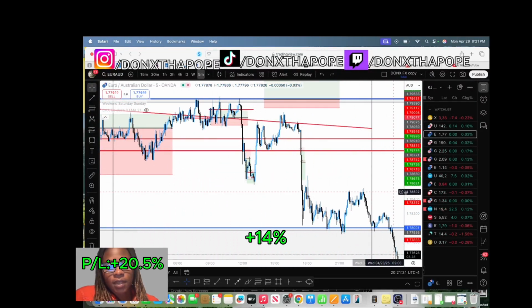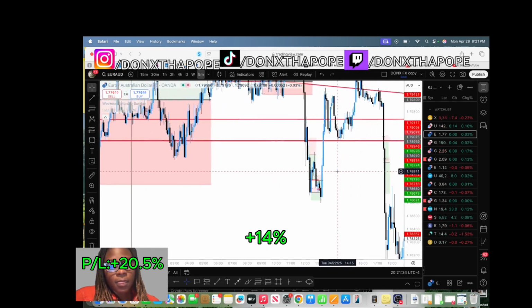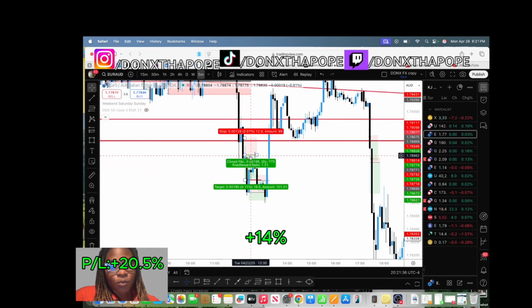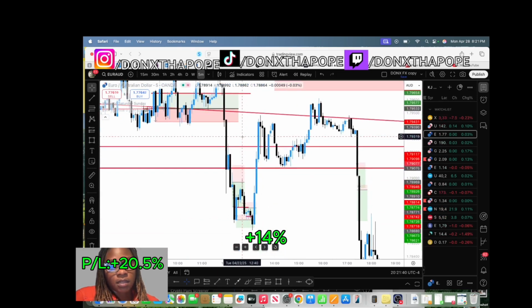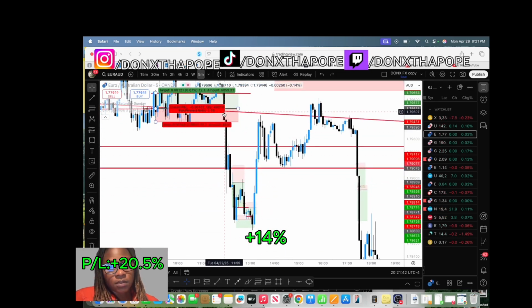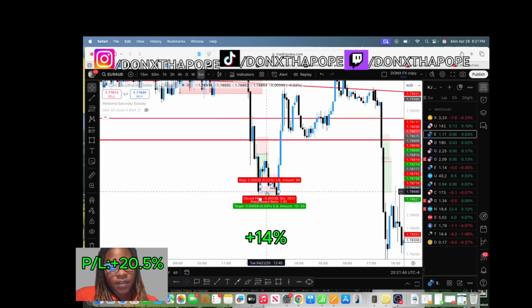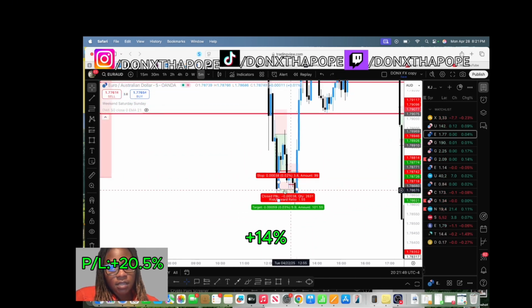Boom. This sell right here. 1.5. So this was 1, 2. So yeah, I got like a 2.5. Wanted to sell right here. Did I sell right there? I wanted to sell right there. Oh, right here.